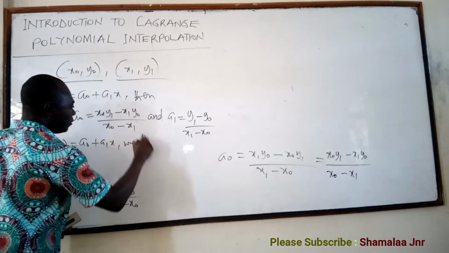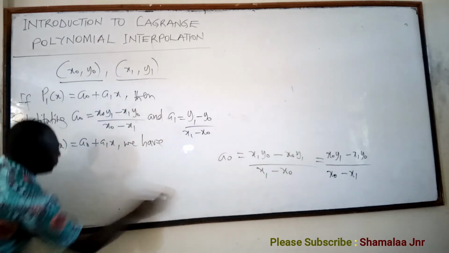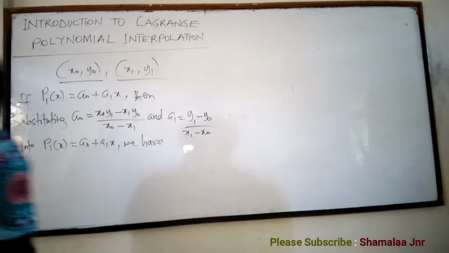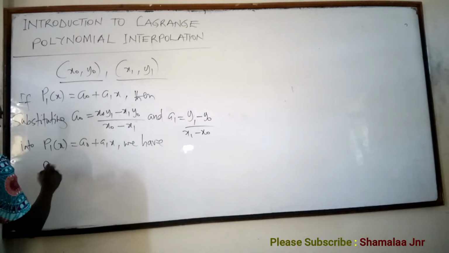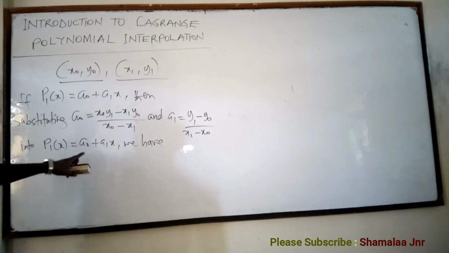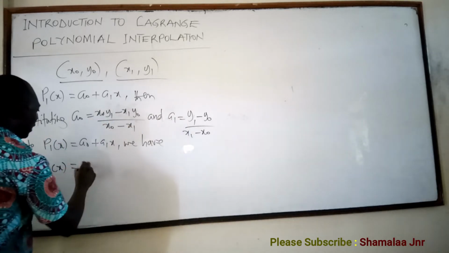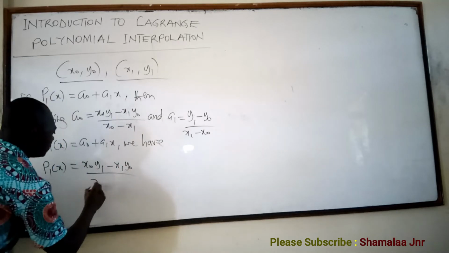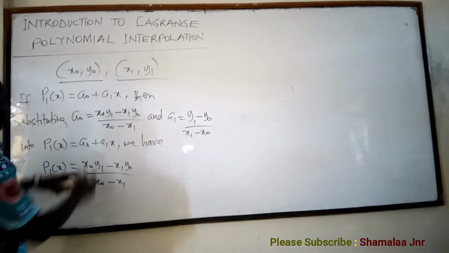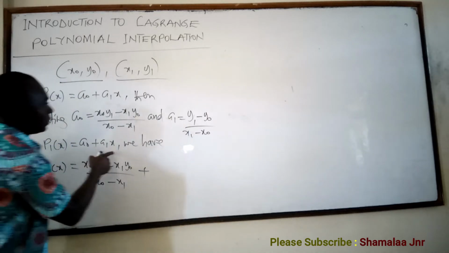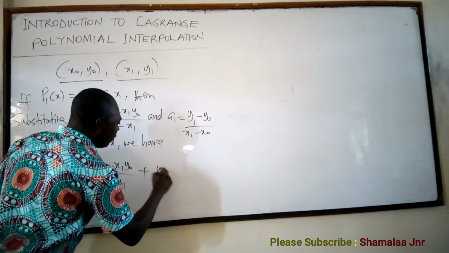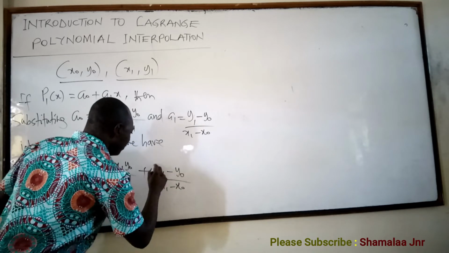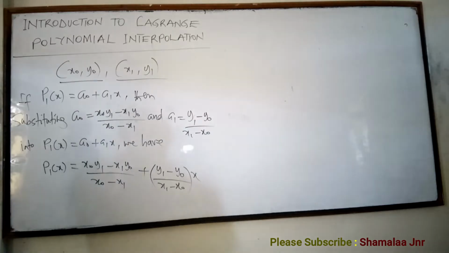So we have the polynomial is going to be p1 of x is equal to now a naught is the whole of this, s naught y1 minus x1 y naught all over s naught minus s1, isn't it? Plus a1 times x. A1 is this. So y1 minus y naught all over s1 minus s naught times everything times x, isn't it?